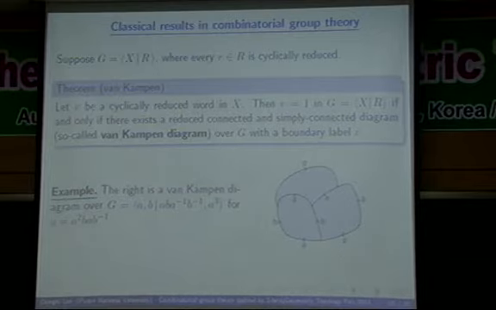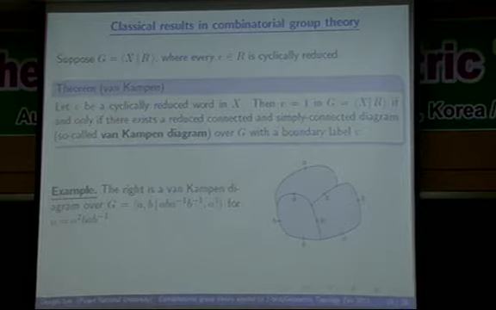Also, this is a reduced, connected and simply connected diagram. So this is a Van Kampen diagram. And what's the boundary label? The boundary label is A square, B and A and B inverse, which means that this word equals the identity in this group by this theorem.